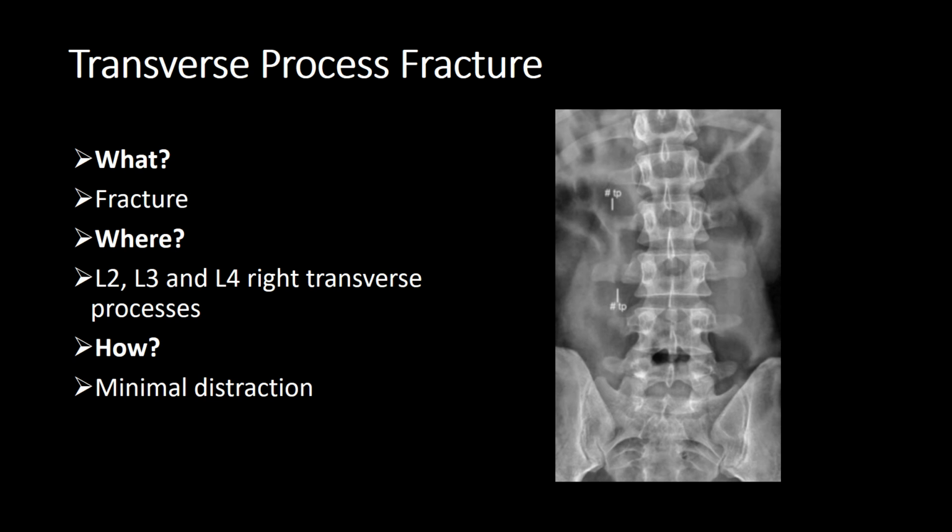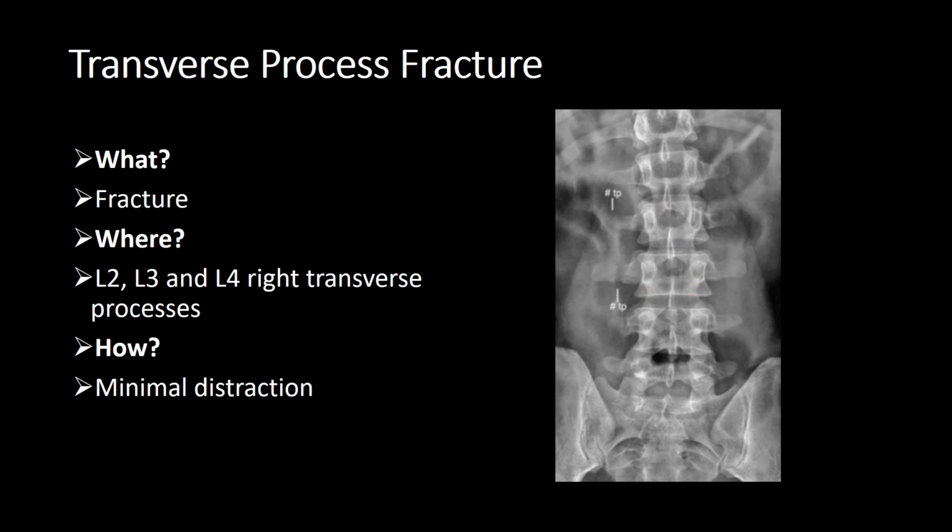Let's quickly assess this image. Okay, let's go around the vertebral bodies. One, two, three, four, five. That's sacrum. Okay, so the vertebral body heights have been well preserved, so we have no concerns of a compression fracture.